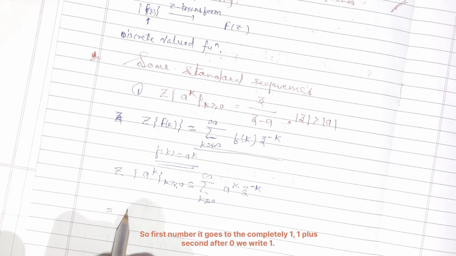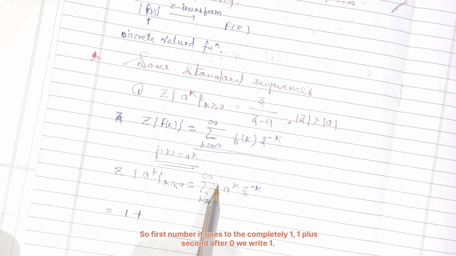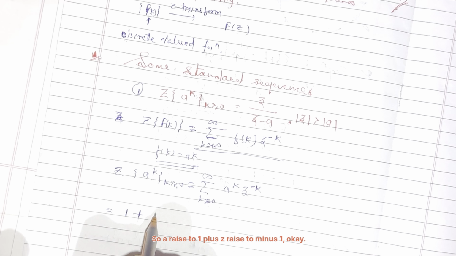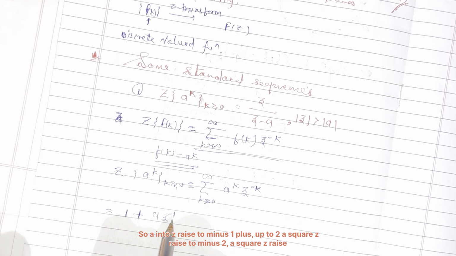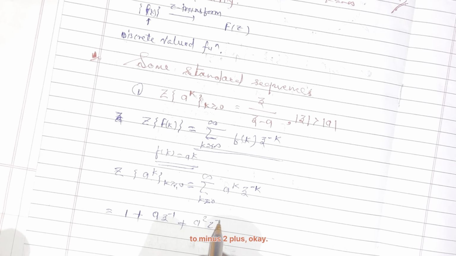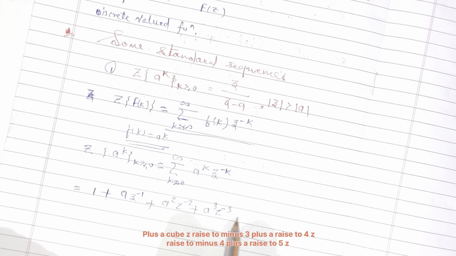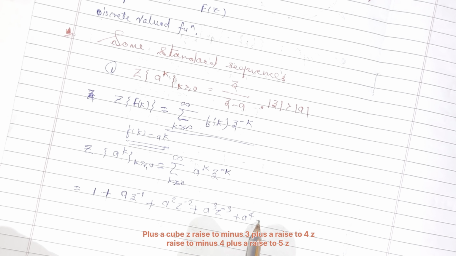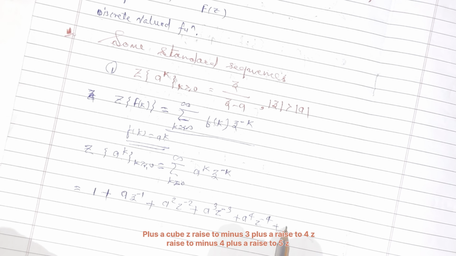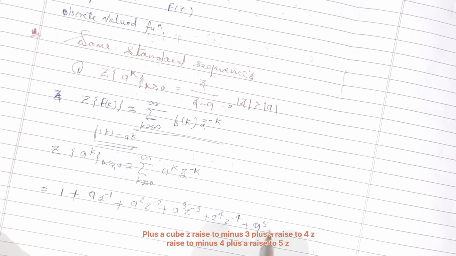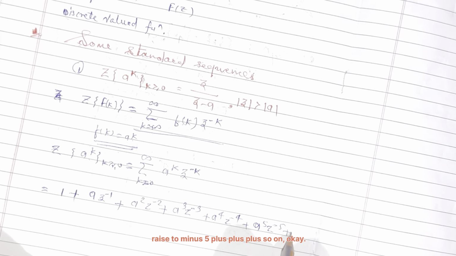So the first term is completely 1, plus second, after 0 we write 1, so a raised to 1 into z raised to minus 1, plus after 2, a square z raised to minus 2, plus a cube z raised to minus 3, plus a raised to 4 z raised to minus 4, plus a raised to 5 z raised to minus 5, plus so on.